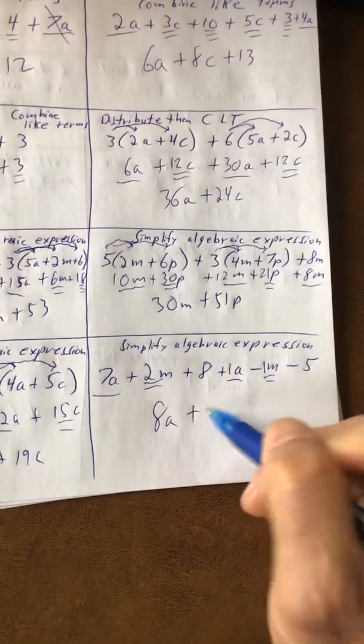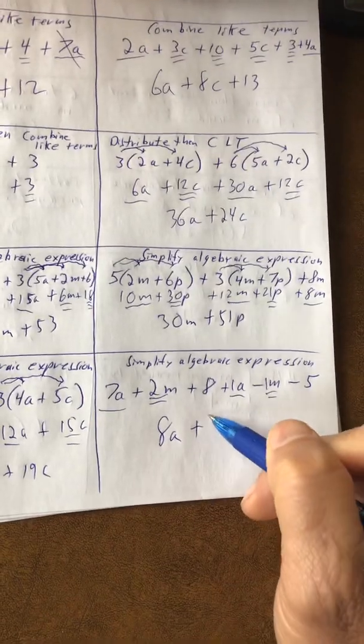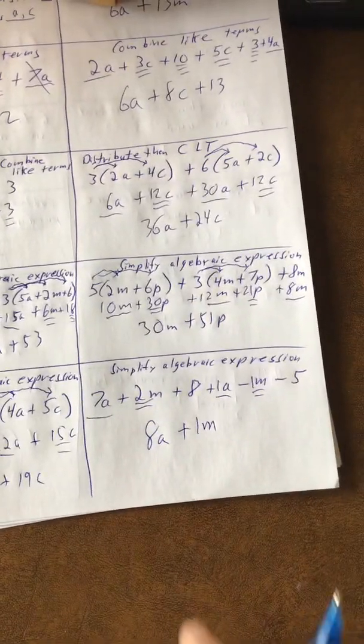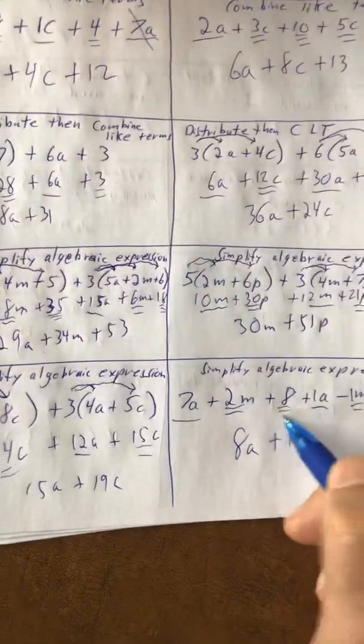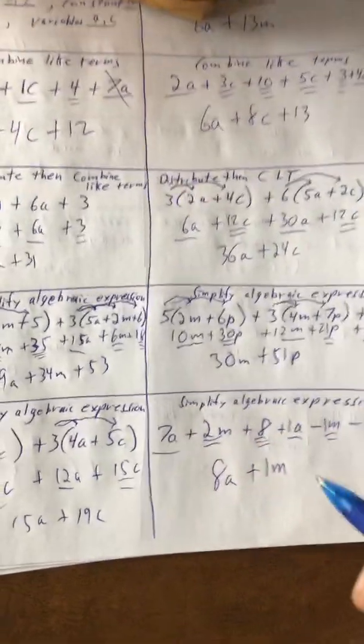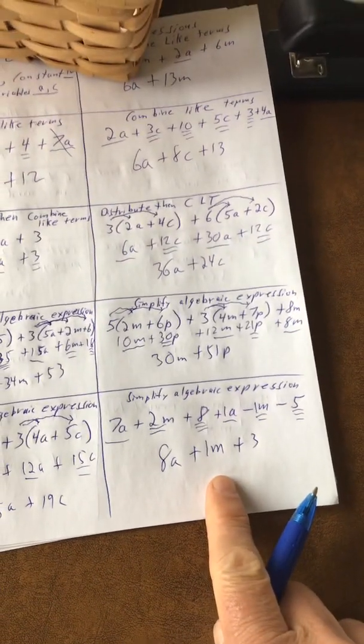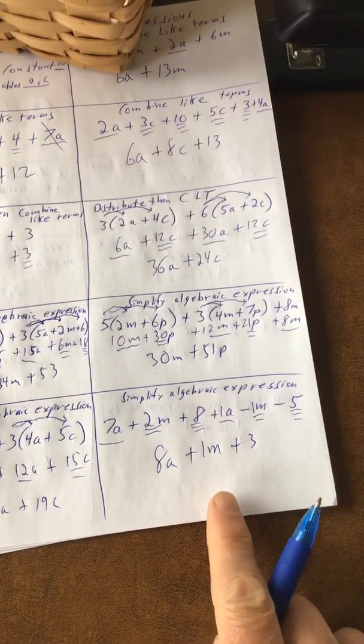It's positive, so I just put plus m. If you want to put a 1 there, you can. You don't have to. And then 8 minus 5 is 3. And it's positive 3. And so there's my simplified algebraic expression.